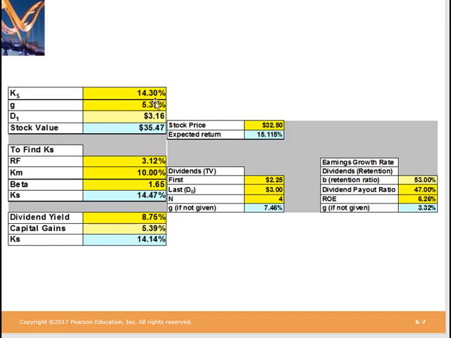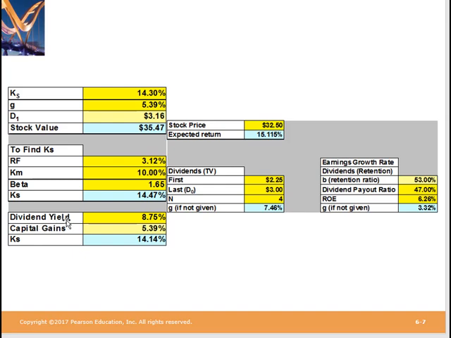How did we get the required return? Again, plug in the data that we know that relates to the capital asset pricing model. We have 3.12% risk-free, 10% stock market return, and their beta of 1.65. The capital asset pricing model says this stock roughly has a 14.47% required return.